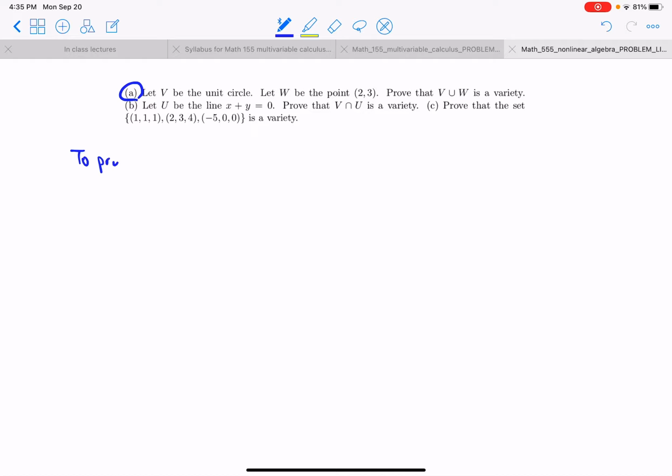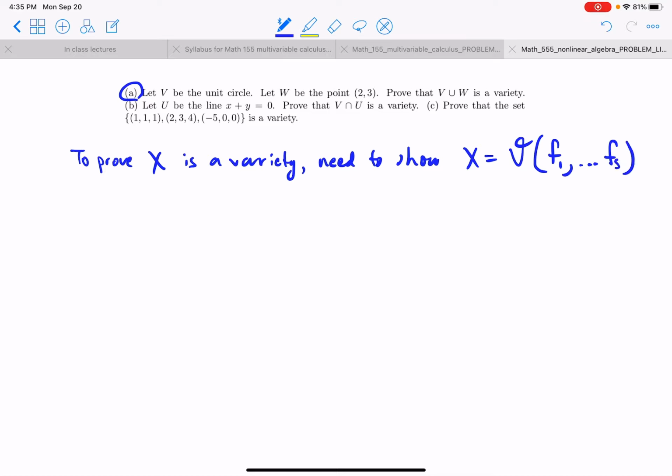To prove X is a variety, we need to show that X is the vanishing set of some list of polynomials. And they have to be a finite list of polynomials.